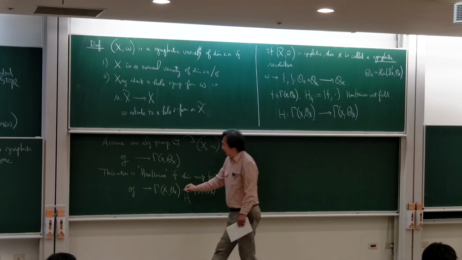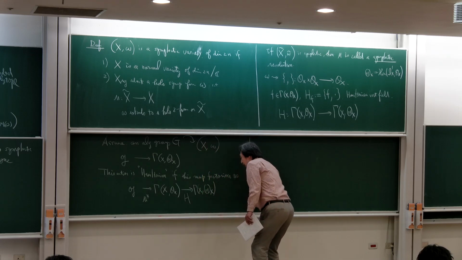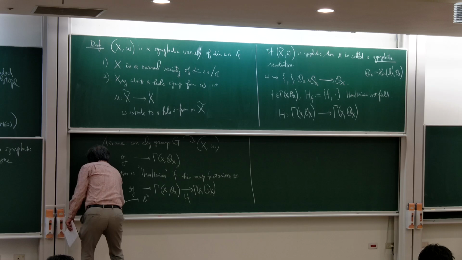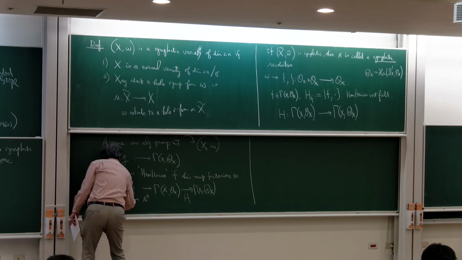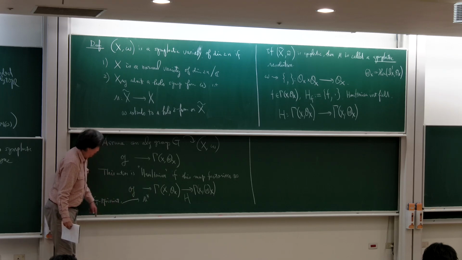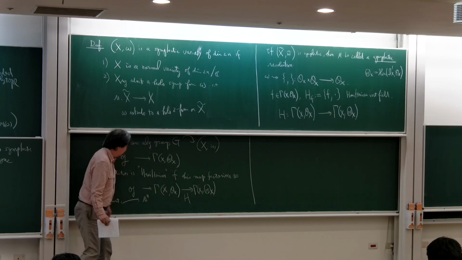And here, this is the map called mu star. Mu star is G-equivariant. Here, G acts by the adjoint action on the Lie algebra, and of course G acts on this space of functions.